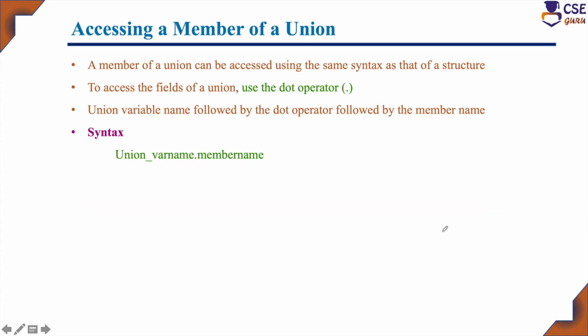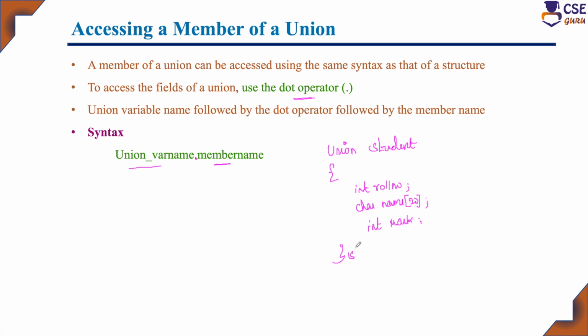And accessing a member is similar to structure. How do we access the member? Members will be accessed by using the dot operator: union variable name dot member name. For example, here I am declaring union student, int roll number, character name, then int mark.